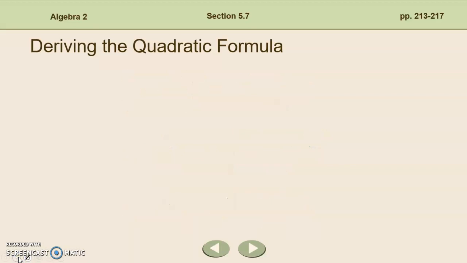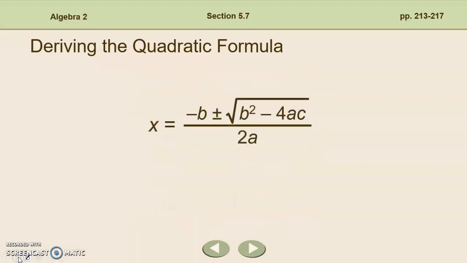We're almost there, and we get x equals negative b plus or minus the square root of b squared minus 4ac over 2a. Now, you did not need to write down all of the steps that we just saw. That's just a really quick look at where the quadratic formula came from. It came from completing the square of the general form of the quadratic equation.